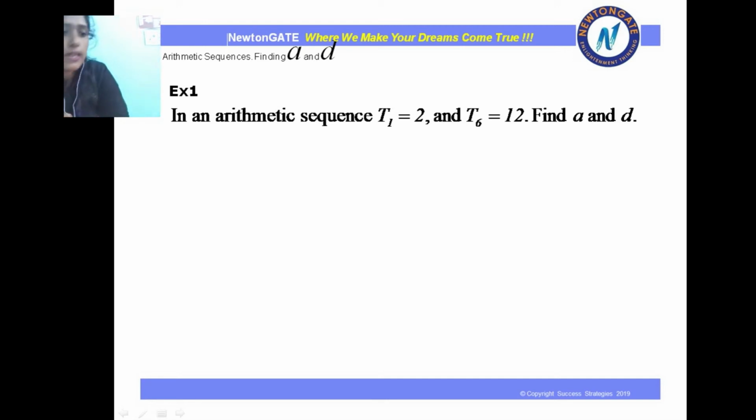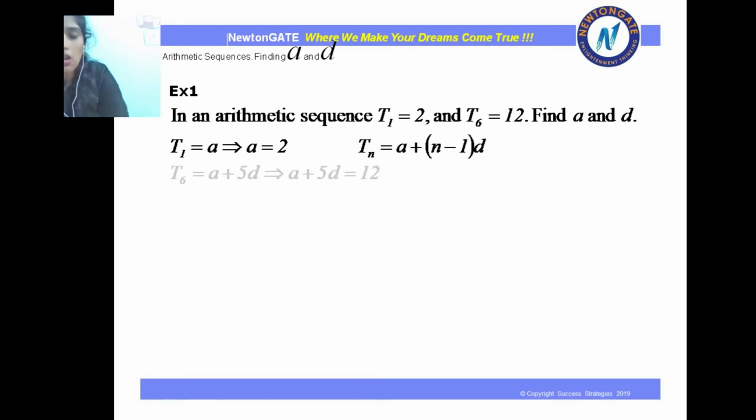Here A is 2, that is for sure, it is the first term. We know that the general term is A plus n minus 1 D. Now T6, if I put in the formula, comes to be A plus 5D. Now this is an equation, A is equal to 2, and A plus 5D equal to 12 is also an equation.